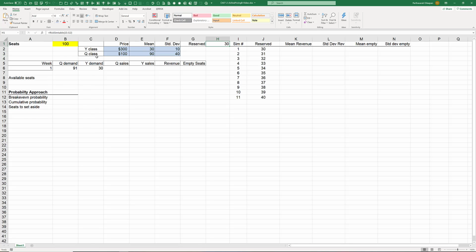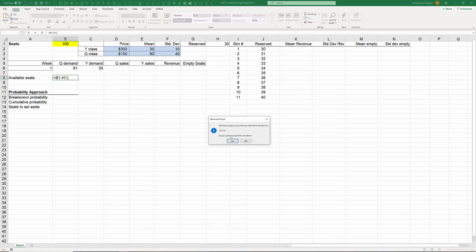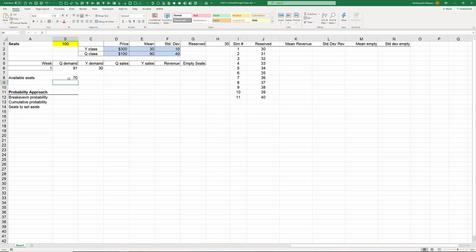So that's going to be our reserved for Y class. Then available seats for Q class will be that minus what is reserved. So that's our available seats for Q. Then Q sales will be the minimum of the demand and what is available.